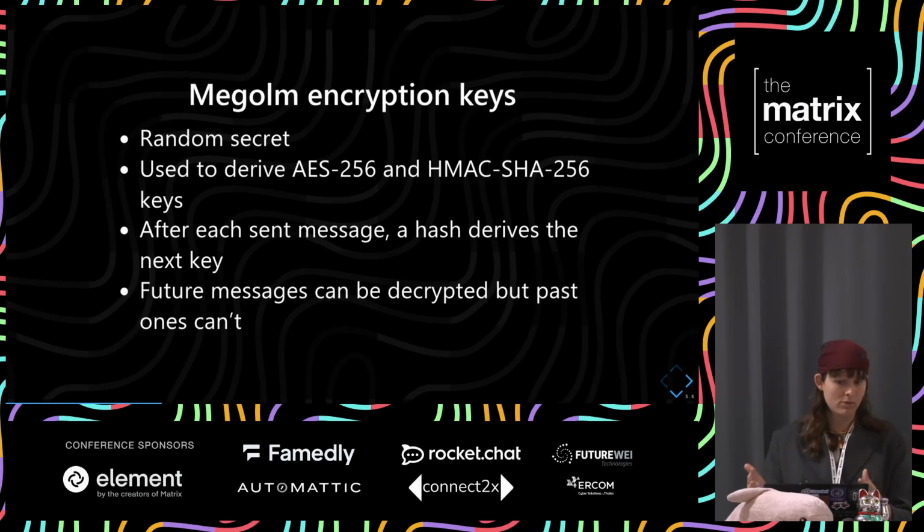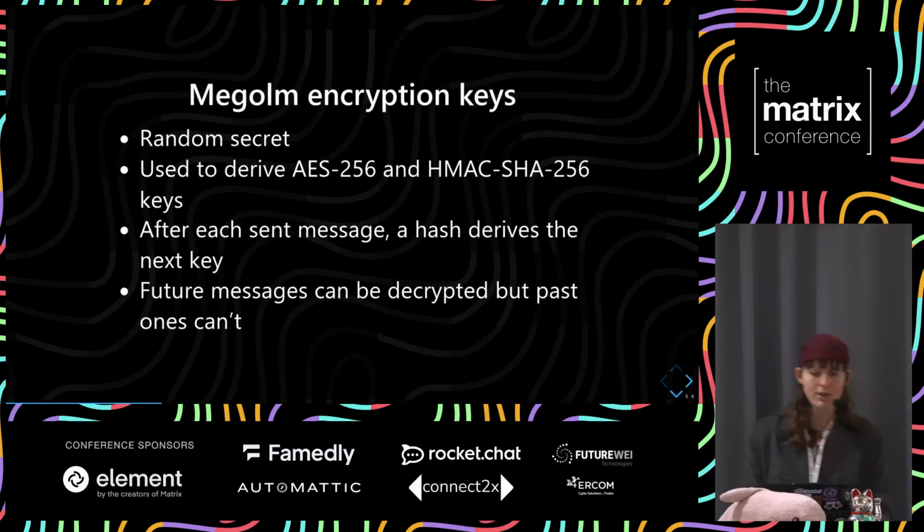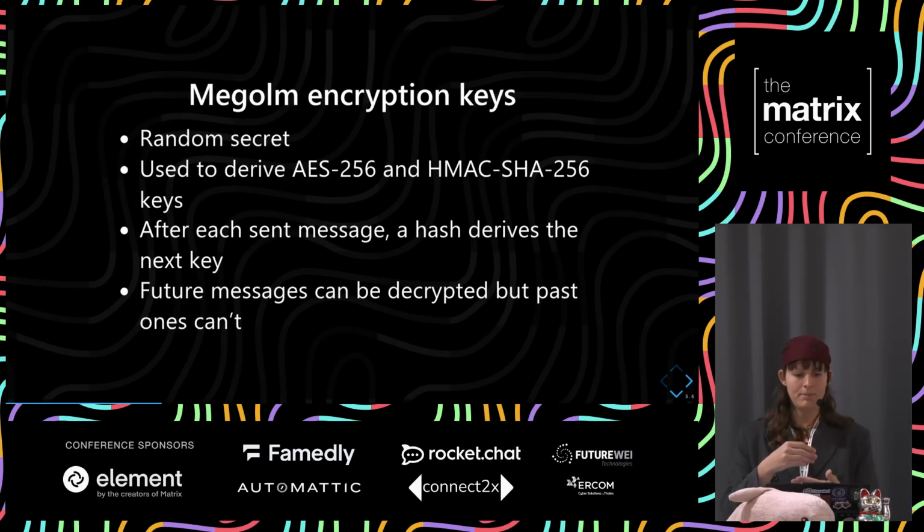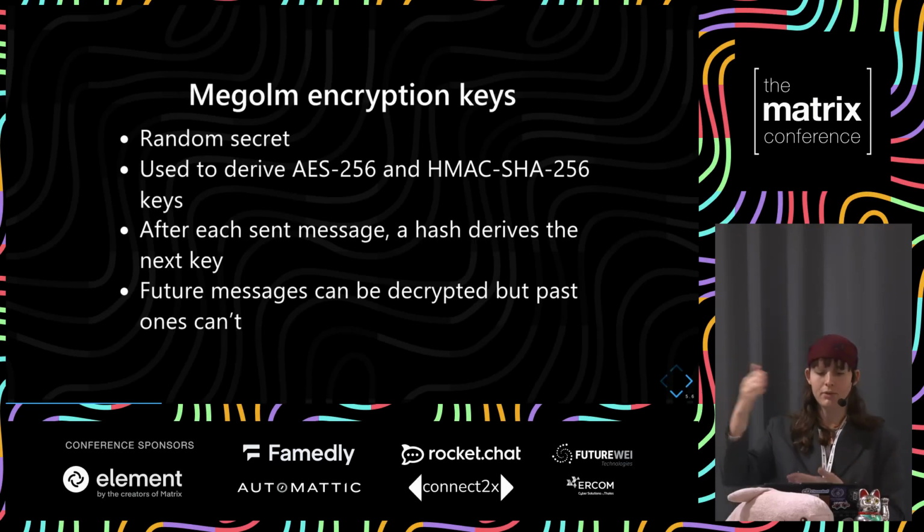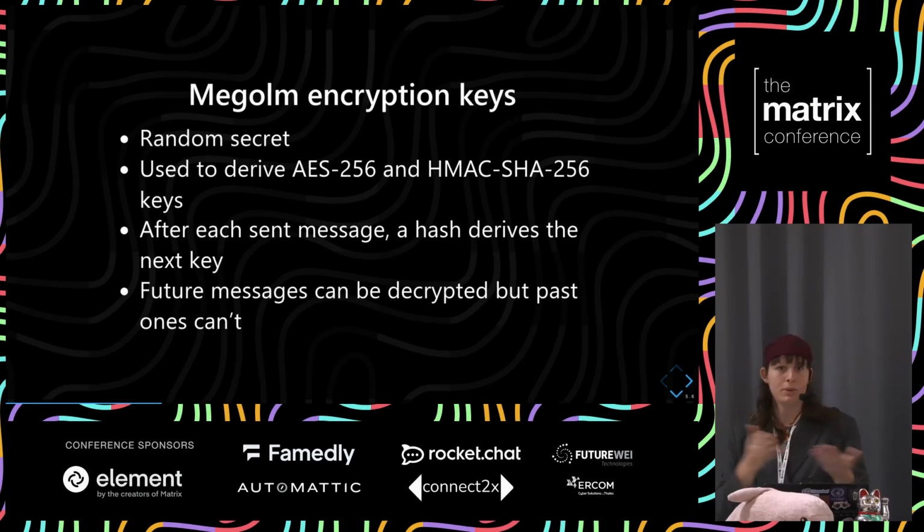We have the Megolm encryption keys, which are a random secret. They are used to derive AES keys, and after each message being sent, you have forward secrecy. The hash of this key, along with the secret, derives the next key, so that if we lose a key, you can't scroll back in the history.